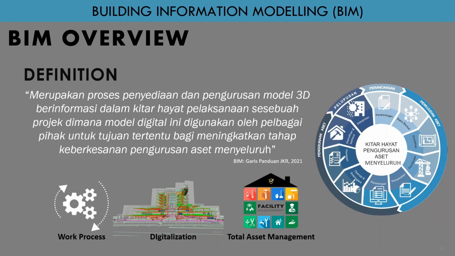The model is what we call a digital model, and it can be used by all our stakeholders for their purposes in order to improve the project or asset delivery.